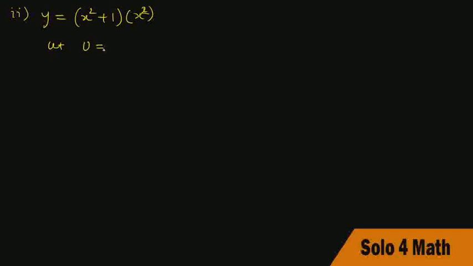It doesn't matter which one you let to be u, but let me let this be u, and then my v to be equal to x squared. So this one gives us du/dx, which is equal to 2x, and this one gives us dv/dx, which is equal to 2x.